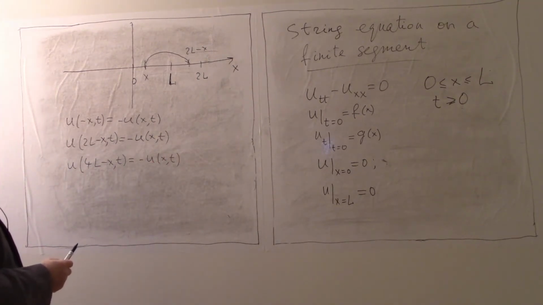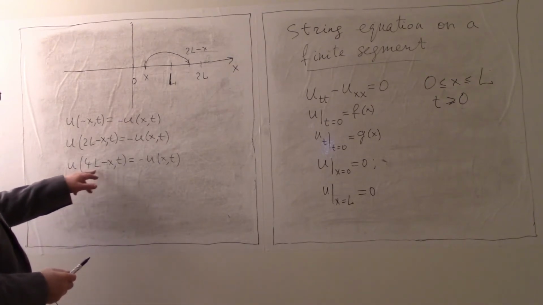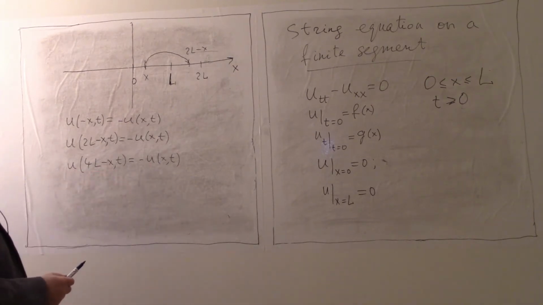But in fact, this transformation u for L minus x, t can be reached if you produce the following.